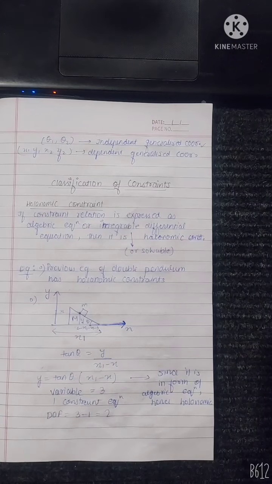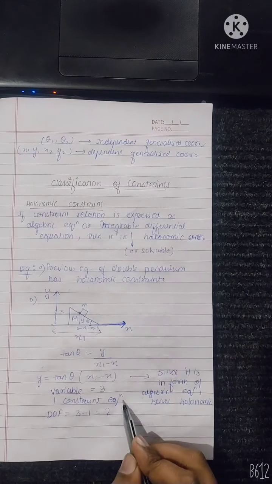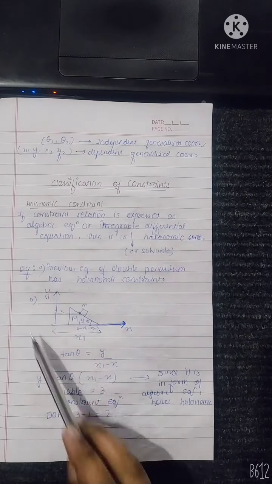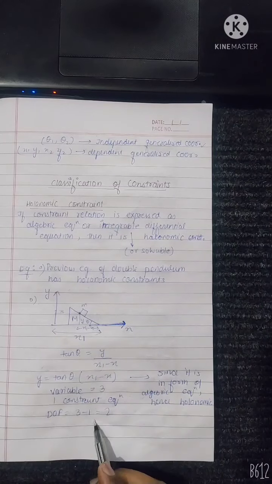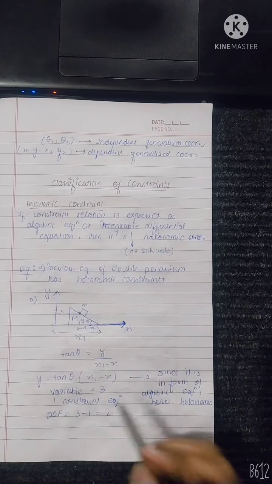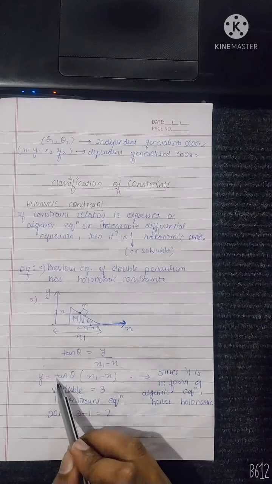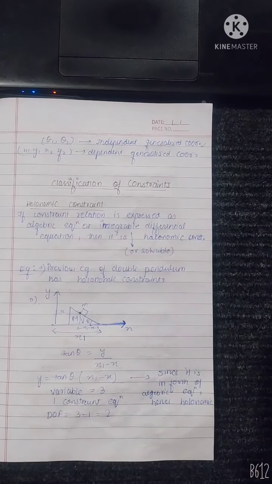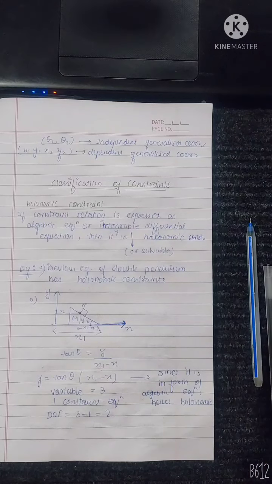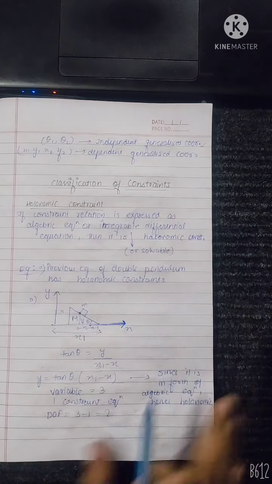The relation between them is 1. So the degree of freedom of this setup will be 3 minus 1, that is 2. Now the relation which we see here, y equals tan theta times (x1 minus x), is basically a common algebraic equation, therefore it is holonomic.